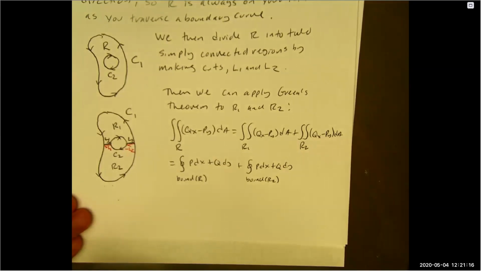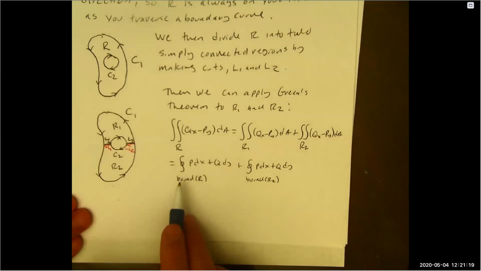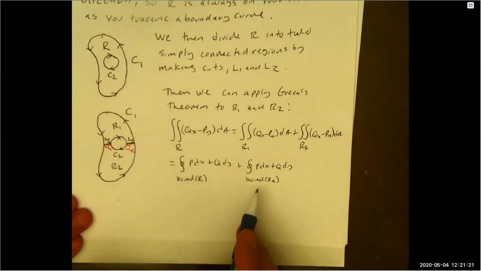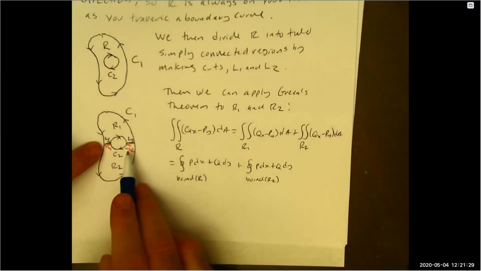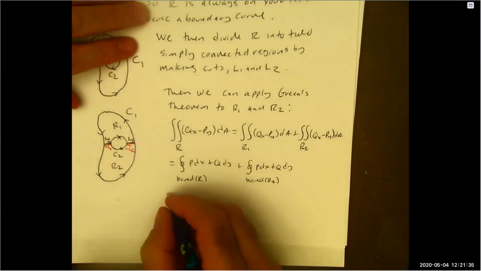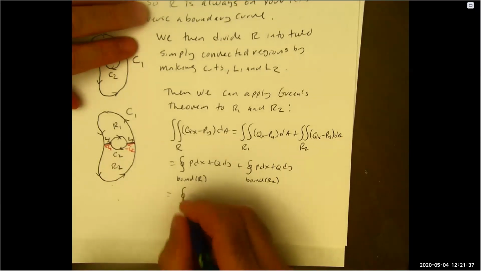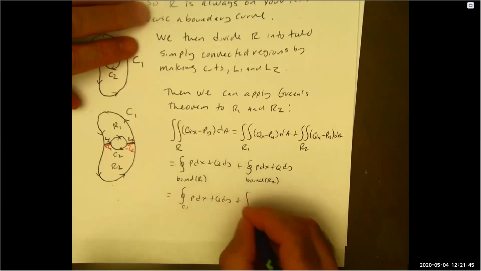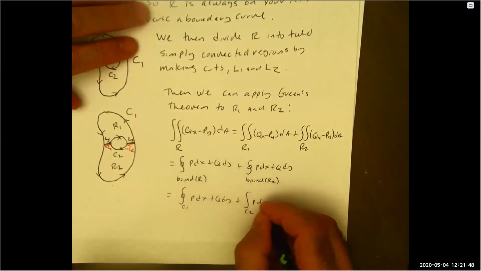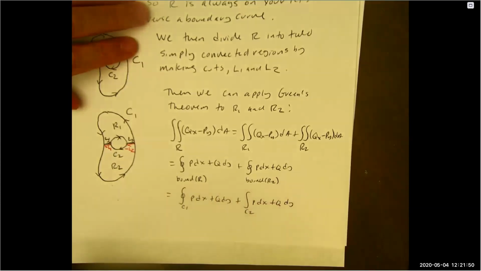Now, we can write this as the union of all those parts and the union of all the parts that make up the boundary of R2. And the parts along the opposite orientation cuts cancel out. So then this is just going to be equal to the line integral over C1 plus the line integral over C2 of p dx plus q dy after we cancel the opposite orientation cuts.